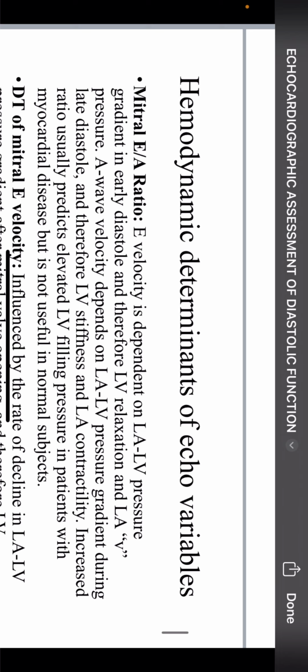LV relaxation also affects DT. If it relaxes so slowly, then DT is going to be cut short.